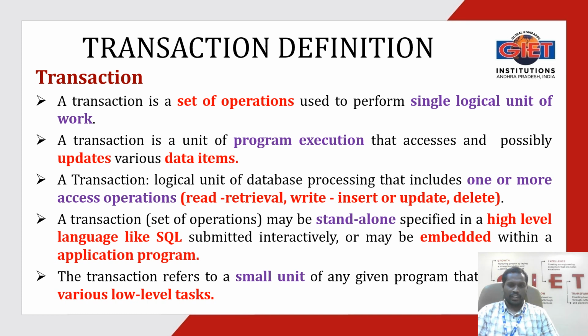You can write this for the transaction definition. And finally, a transaction refers to a small unit of any given program that is divided into various low-level tasks. We'll see what these tasks or set of operations are, which we consider as program execution, in the coming slide.